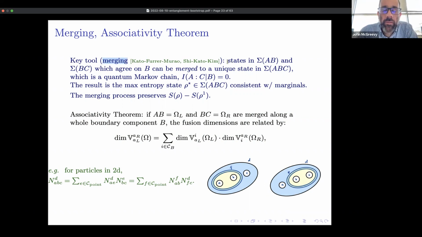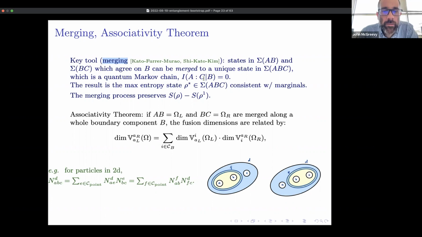If I give you two information convex sets, the information convex set of AB and the information convex set of BC, and ask about a state on AB and a state on BC which agree on B, so the reduced density matrix on B is the same, then they can be merged to make a unique state on ABC, which moreover has the following nice properties.